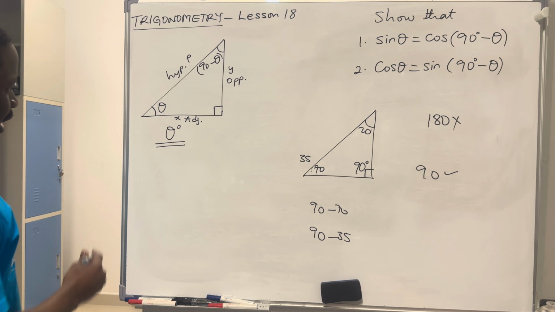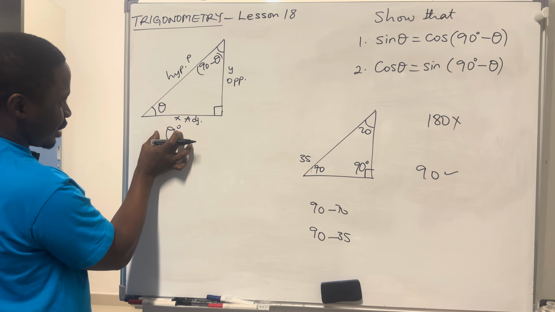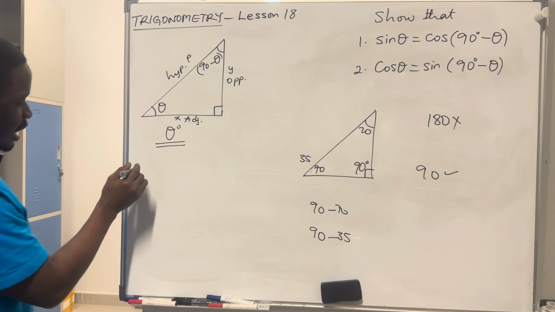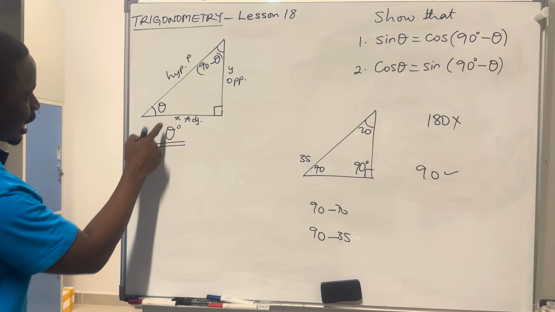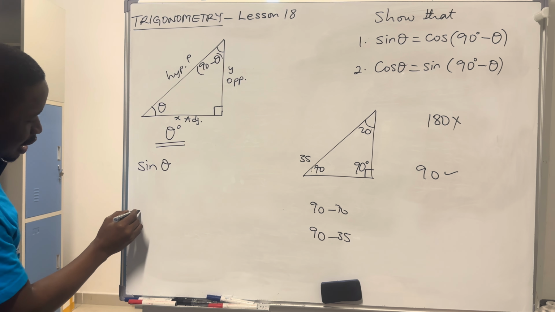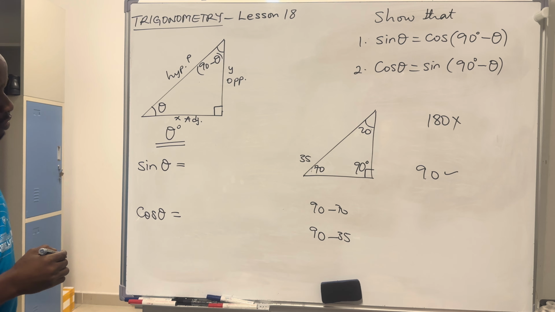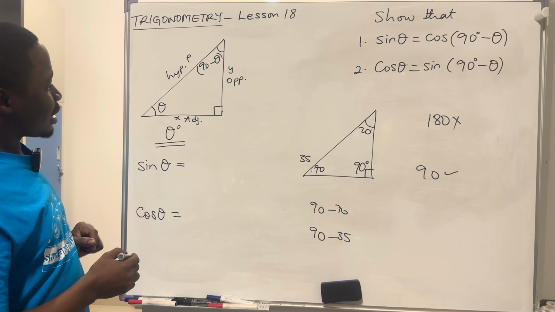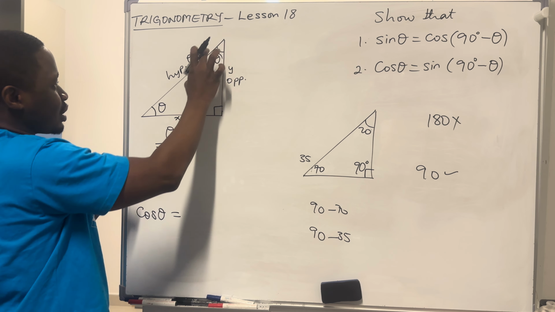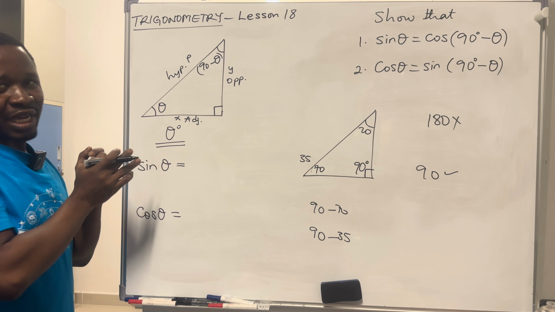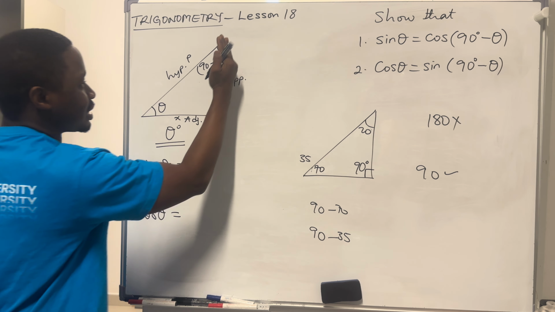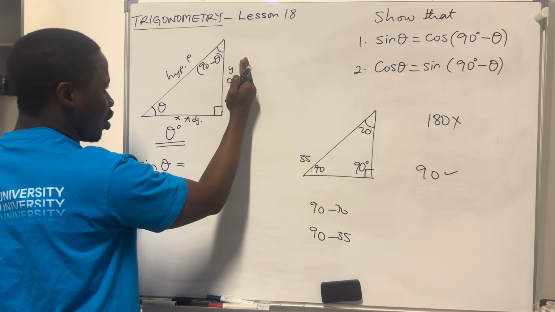In that case, considering theta, let us find sine theta and cos theta. We are considering theta as the given angle. That's why the side facing theta is the opposite.